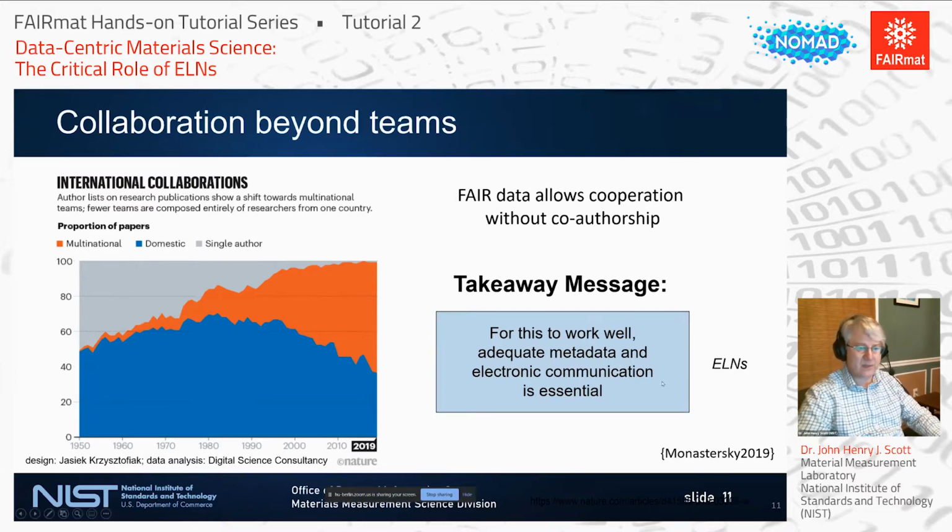And so the takeaway message here is that for this to work well and have cooperation without necessarily co-authorship, we need adequate metadata to contextualize the data that's being published, and we need good electronic communication, including not just massive data sets, but also the other bits that go into your notebooks, and hence the role for electronic lab notebooks is perhaps clear in the context of this specialization.